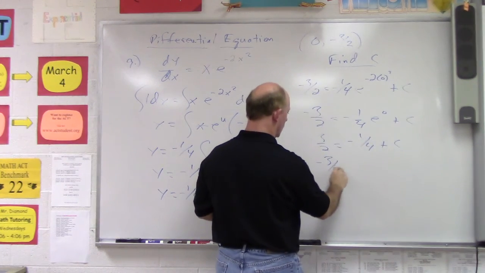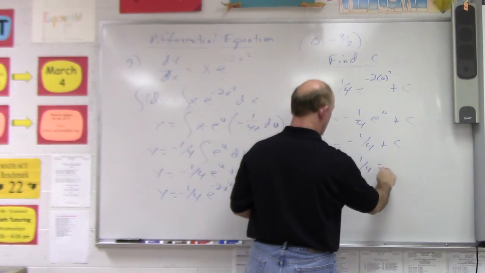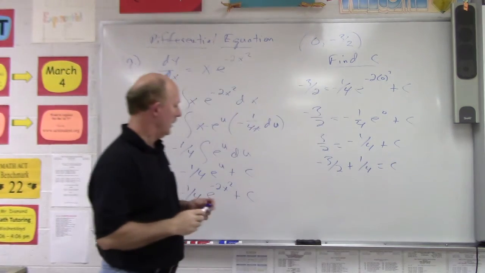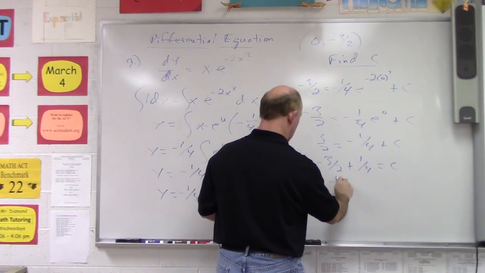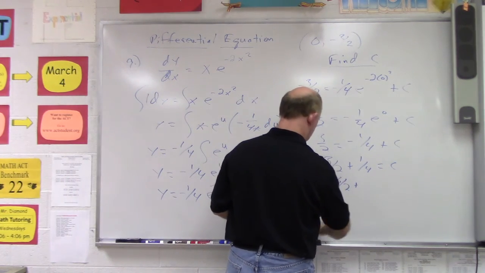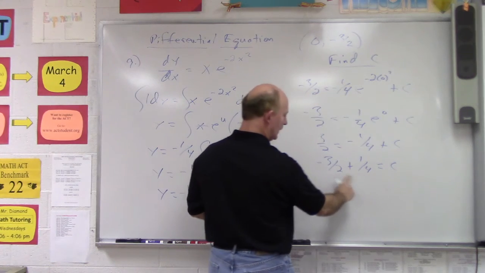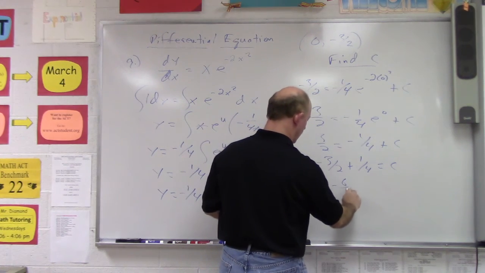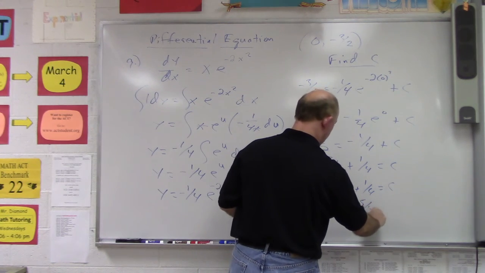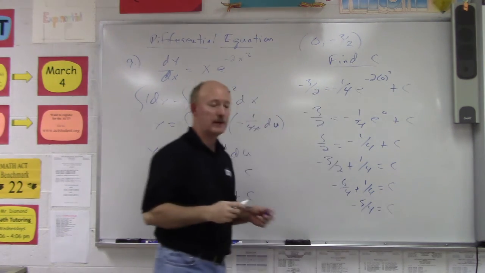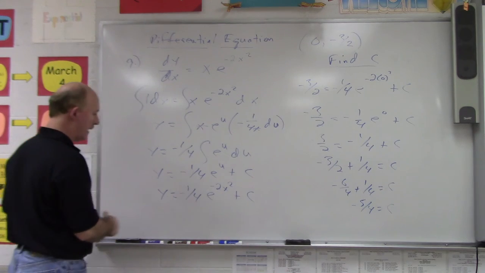So it'll be negative 3 over 2 plus 1/4 equals c. We're going to have to get the same denominators here. So it'll be negative 6/4 plus 1/4 equals c, and it'll be negative 5/4 equals c. So our constant of integration is negative 5/4.